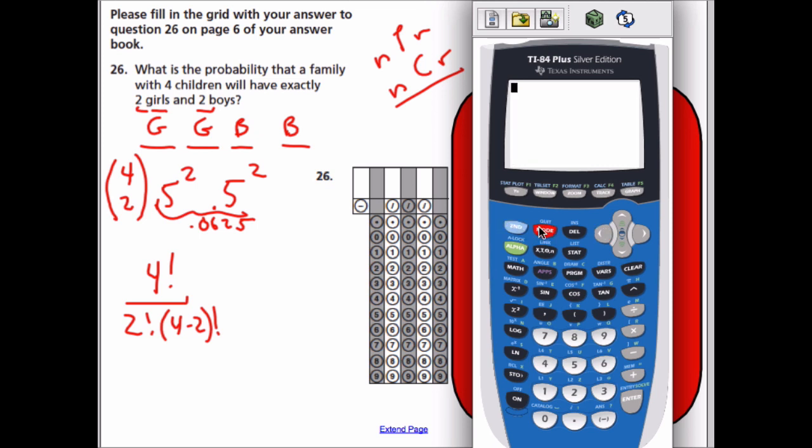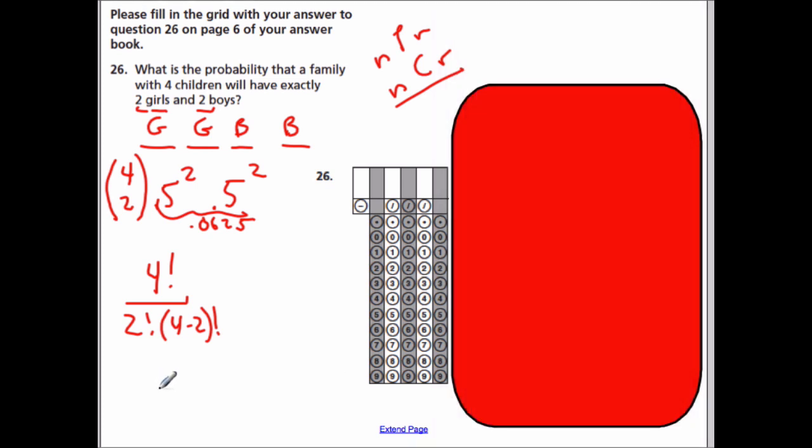First thing you need to do is type in 4, then go to math, prob, order doesn't matter, so I'm going to hit number 3, nCr, and choose 2. And then hit enter. There are 6 different combinations. So this is 6 times 0.5 squared times 0.5 squared, which was 0.0625, which gives us 0.375.